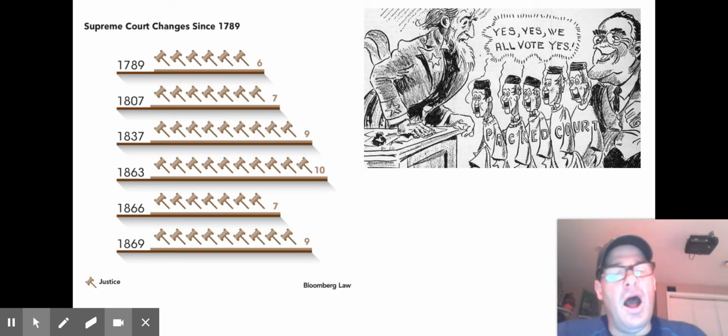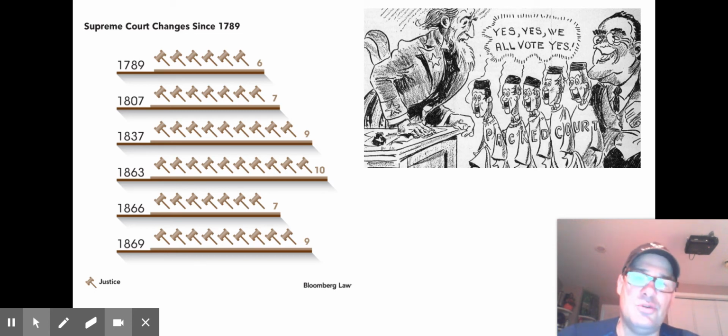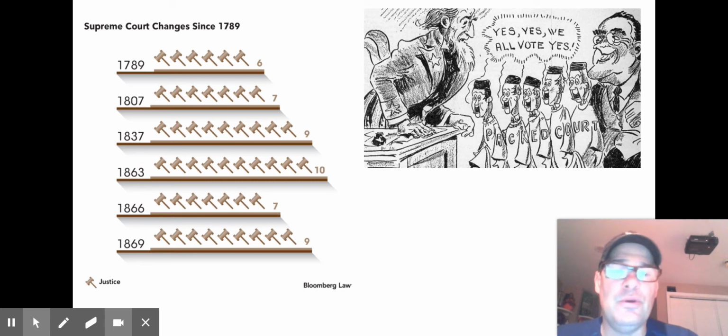There we go. The court has changed over time. The U.S. Constitution gives Congress the power to decide what the size of the Supreme Court is, and you can look over here on the left. In 1789, initially it was 6, and then it went to 7, and then it went to 9, and then it went to 10, and then it went back down to 7 because the Congress didn't want Andrew Johnson, who was very against civil rights for black people who were newly freed slaves.